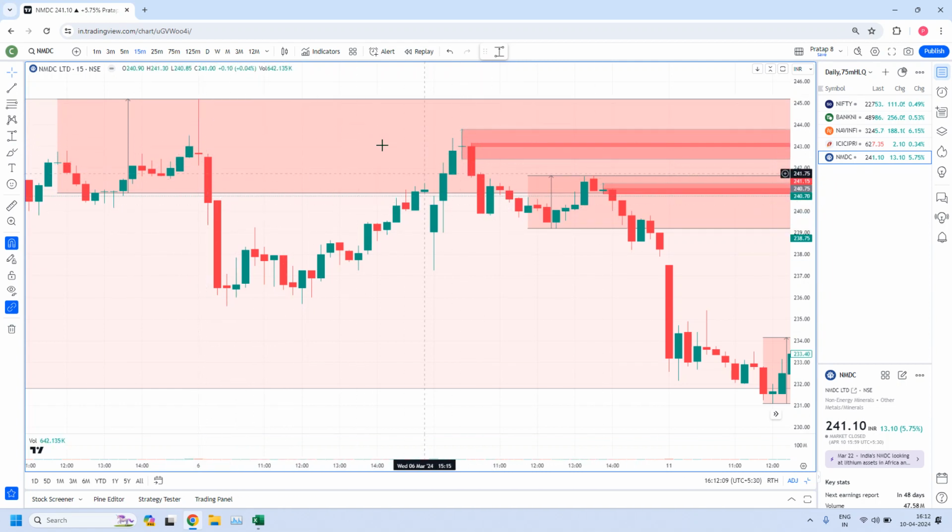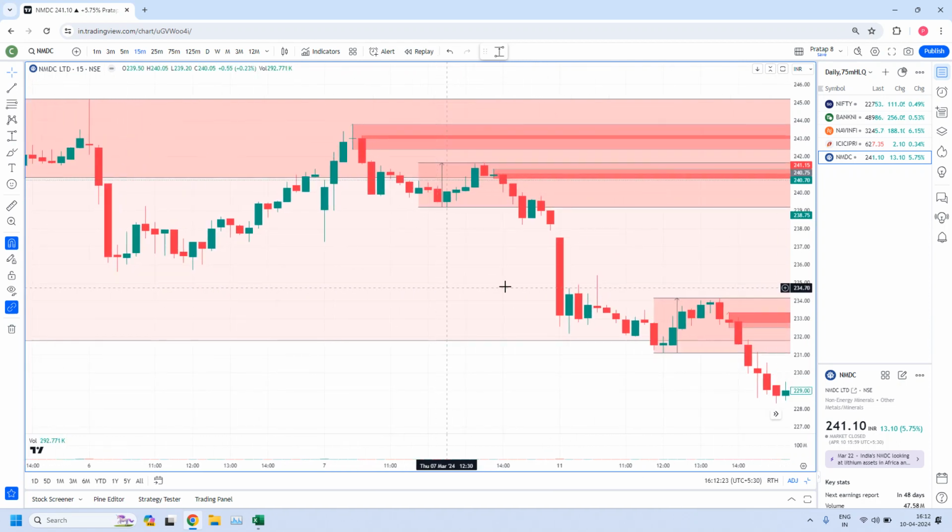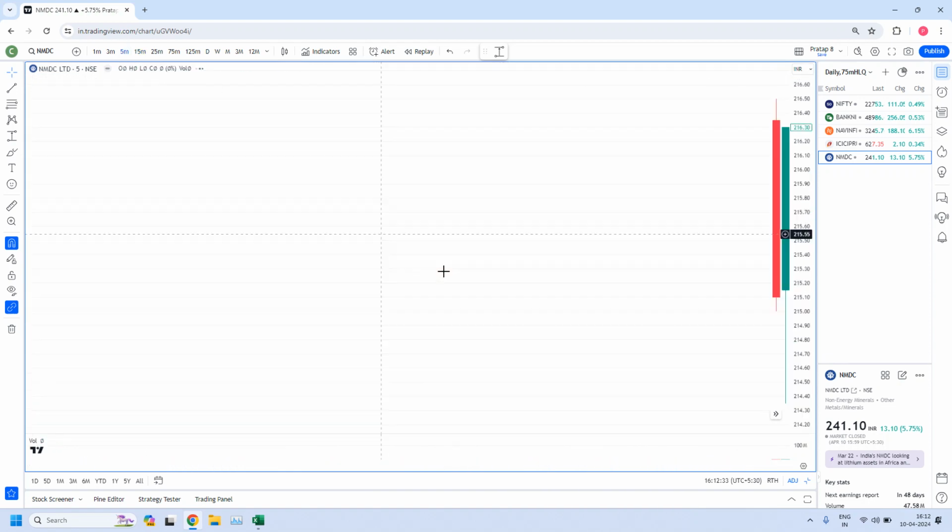Okay, so within this 75, we have a rally, base, and a drop. Rally, base, drop, and follow through candle. That means we have 3 15-minute fine-tuned zones. This is the one, this is the second one, and this is the third one. Now within these 15 minutes, we need to fine-tune with the 5 minutes time frame.